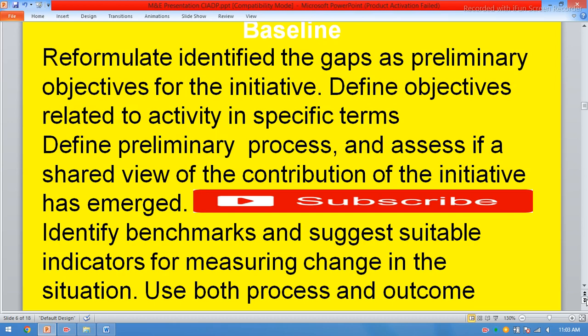Define process and assess if shared view of the contribution of the initiative has emerged. Identify benchmark and suggest suitable indicators for measuring change in the situation.